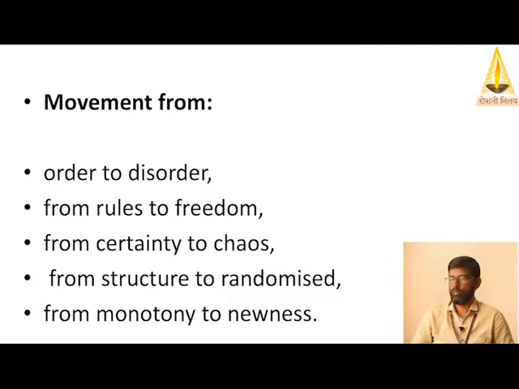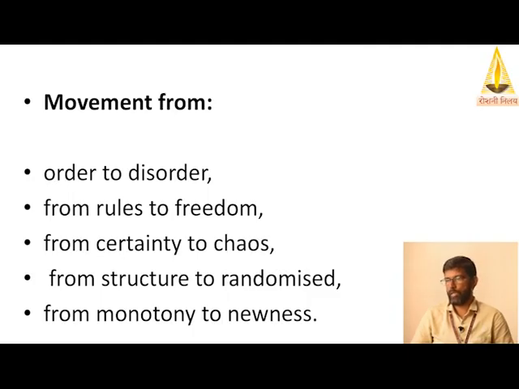But today you do not have rules to write poetry, rules to write novels, no rules to write plays, to compose music, and such other things. In any art form, there is absolute freedom to practice your art form the way you wish to. From certainty to chaos, absolutely chaotic. The art is absolutely chaotic.